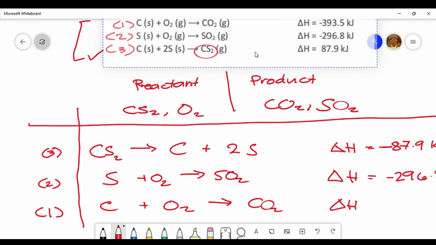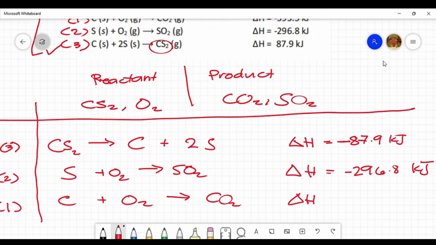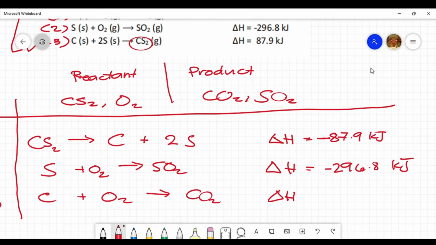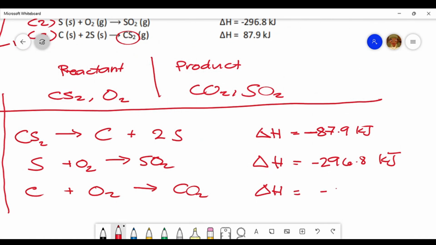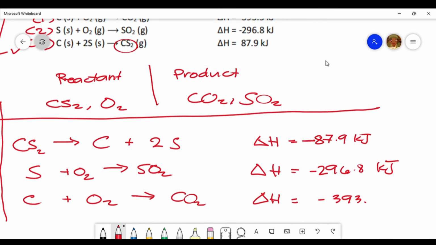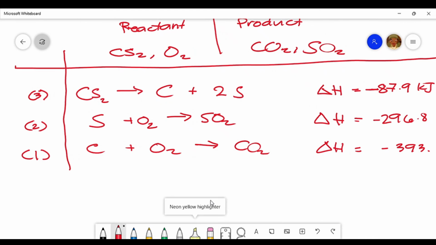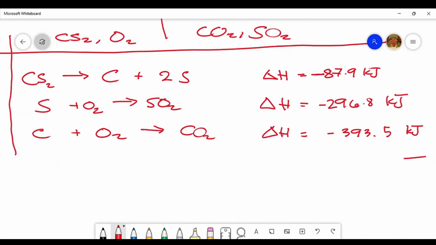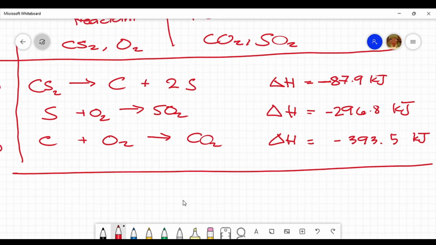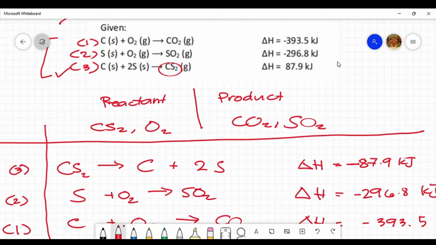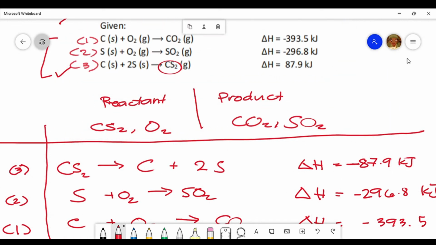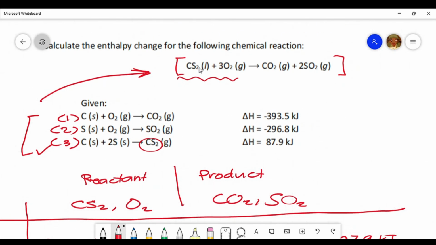We have negative 393.5 kJ. So we take the sum of these, and again we want to arrive at this final equation here, CS2 plus 3O2.